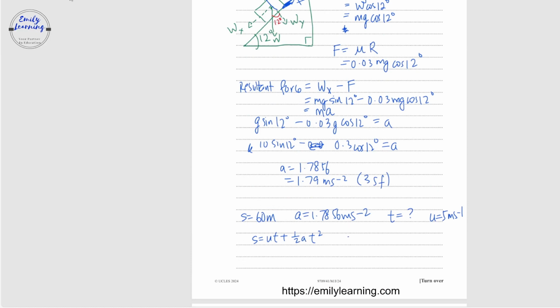I'll use this. So I know that S is 60, U is 5, I don't know what T is, I need to find it, plus half A, which is 1.7856, then T square. It's a quadratic equation.